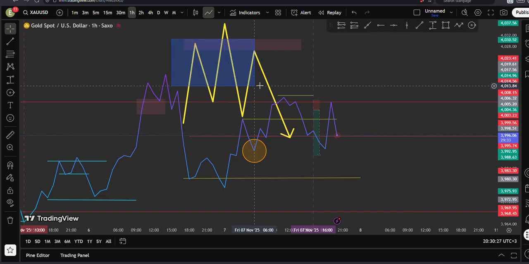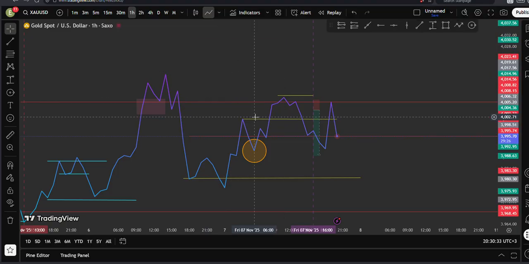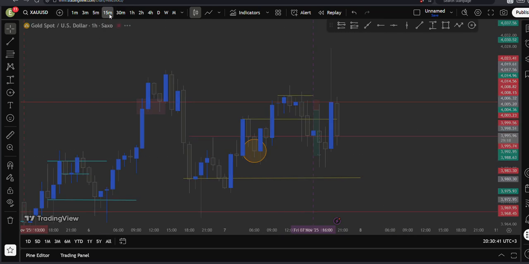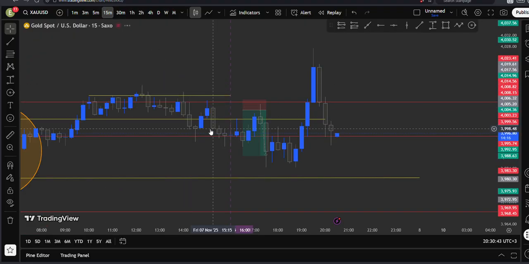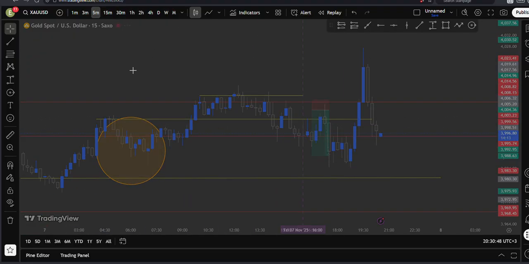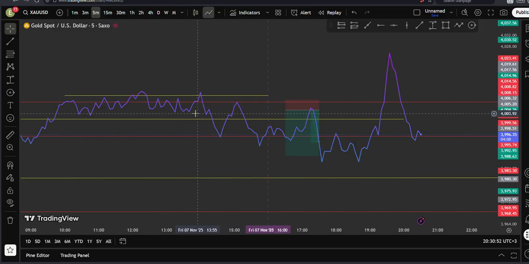So that's what I saw on H1. Here I saw an H1 level, but I didn't consider it. Why? Because my model also requires you to refine an entry. First I made 2 entries. On 5 minutes, there was also this left shoulder here.